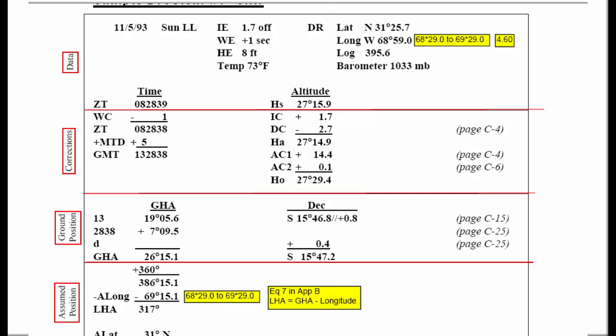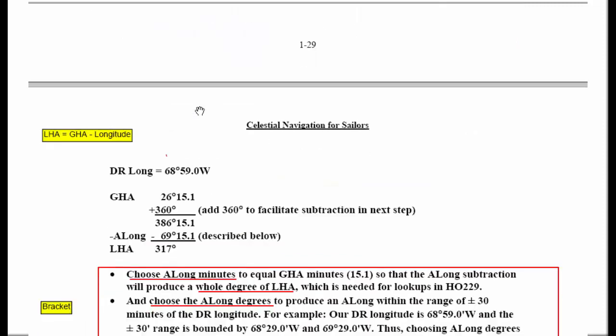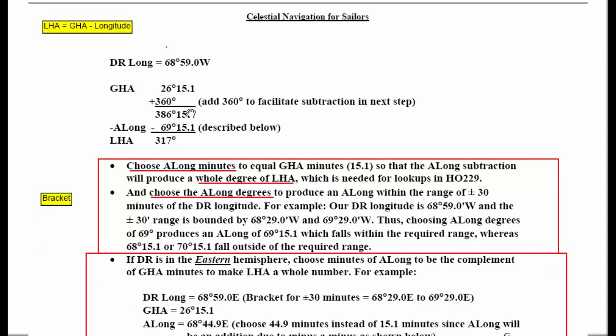And let's go back to our discussion in the text and look at this. So we had DR longitude 68 59.0, and we had the GHA of, after we added 360, 386 15.1. And we're subtracting an assumed longitude, that's what the A means, of 69 15.1. We arrived at this number in two steps.